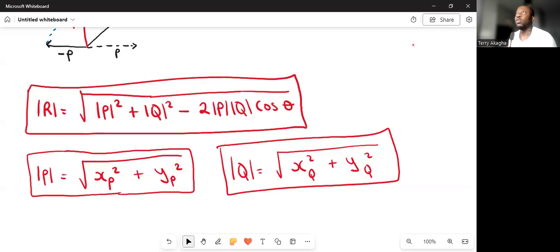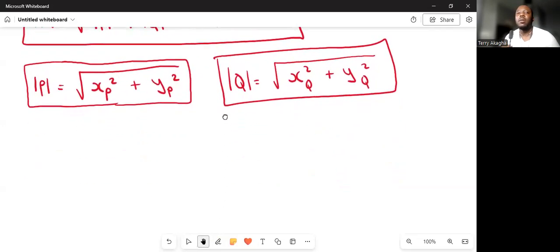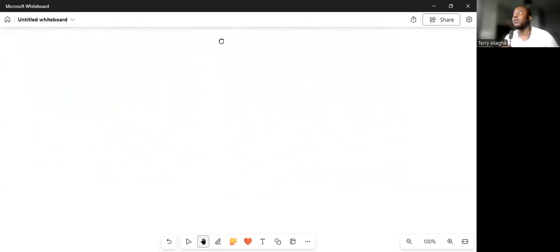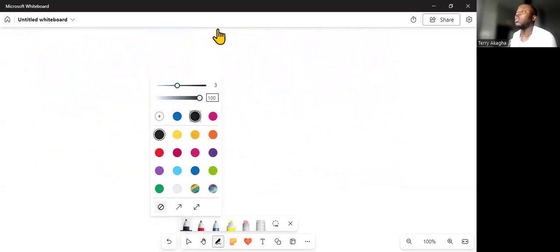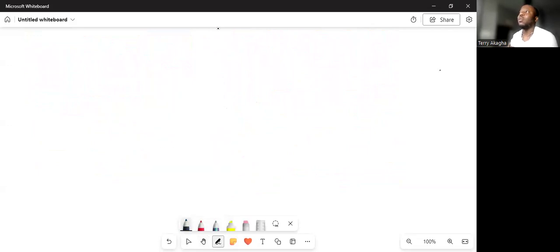So what I'm going to do is try to see if I can summarize this into 3 steps for using the parallelogram method, since we now know all the laws for that. I'll see if I can summarize this into 3 simple steps on how to use both the addition and subtraction, okay? So I'm going to write it here.